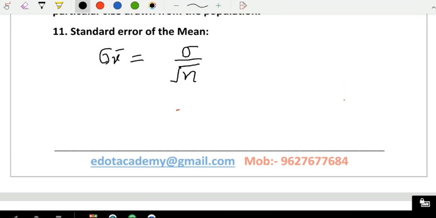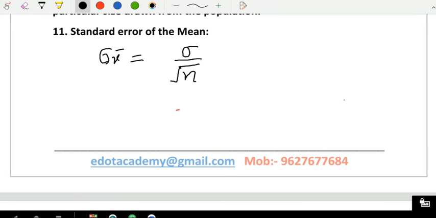Now the next formula is coming here: how to calculate the standard error of the mean of the sample. The formula is sigma x bar equals sigma divided by the square root of n. But you must remember the meaning of this. Sigma x bar is the standard error of the mean. Standard error, as I just told you, is nothing but standard deviation of the sample.